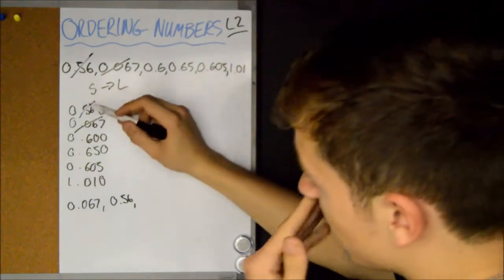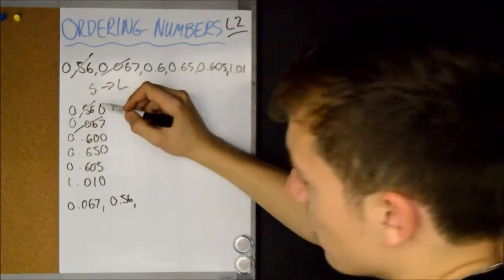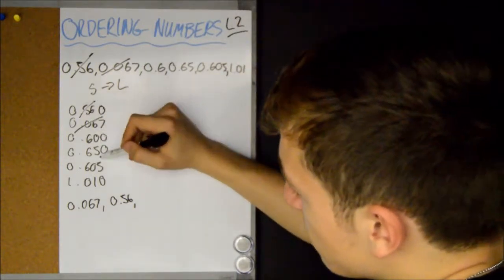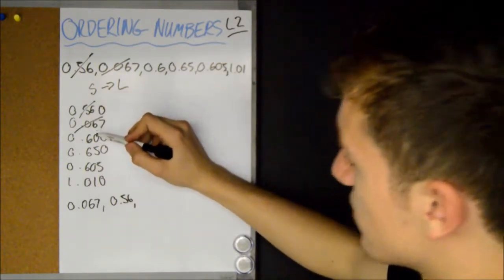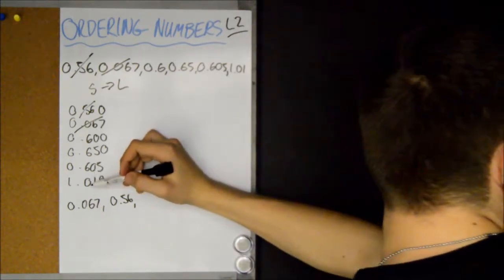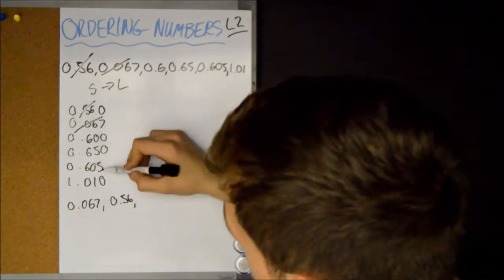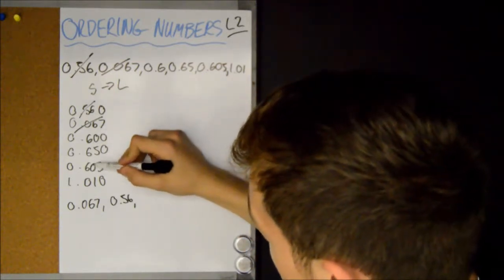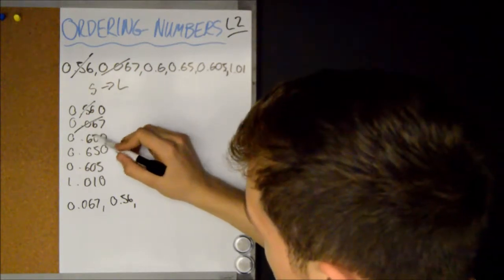Now we go down the same column again, we look for a 6, you can see they're all 6's, so we go to the next column and we look for the smallest number. So we have a 605 here, so it must be 0.6 because this is 605 and this is only 600, so this must be the smallest number.